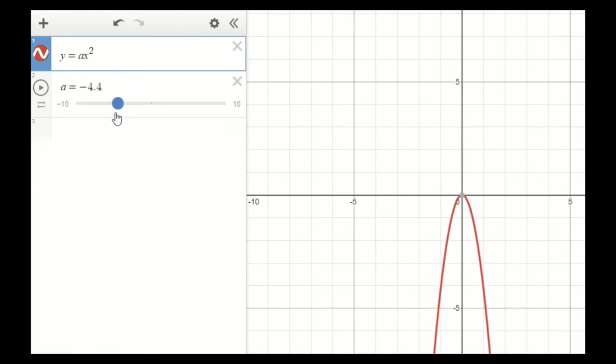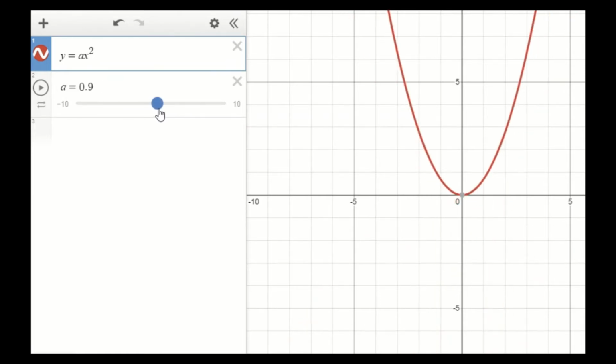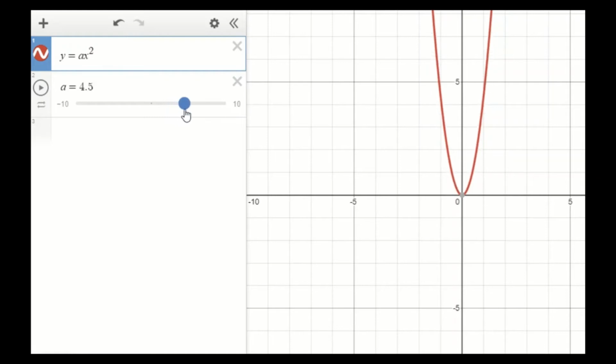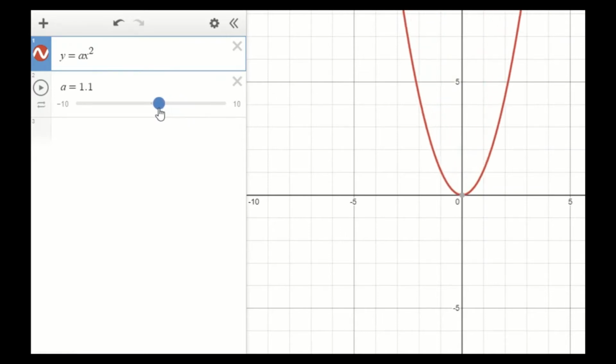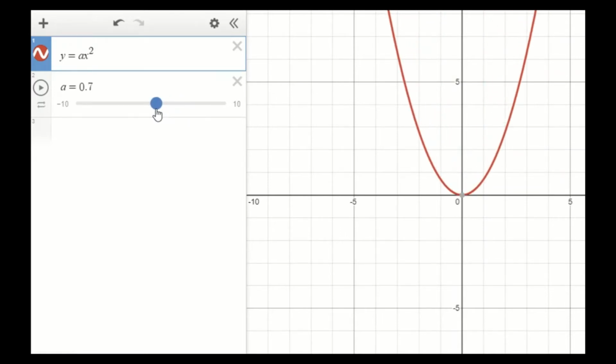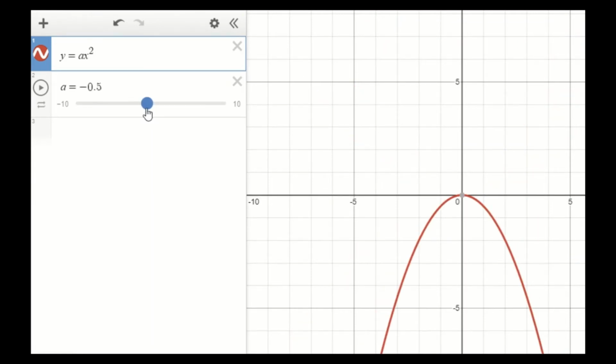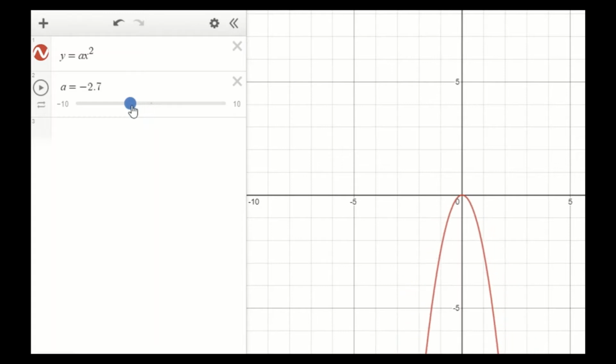So there are basically two things to note here. Assuming a is positive, as that number gets bigger, you're going to have a narrower parabola. As it gets smaller, it'll be wider. And if it happens to be negative, you're going to flip. I have to be careful about how I describe bigger or smaller when it comes to negatives, because as I go further and further negative, it is making the parabola more narrow.